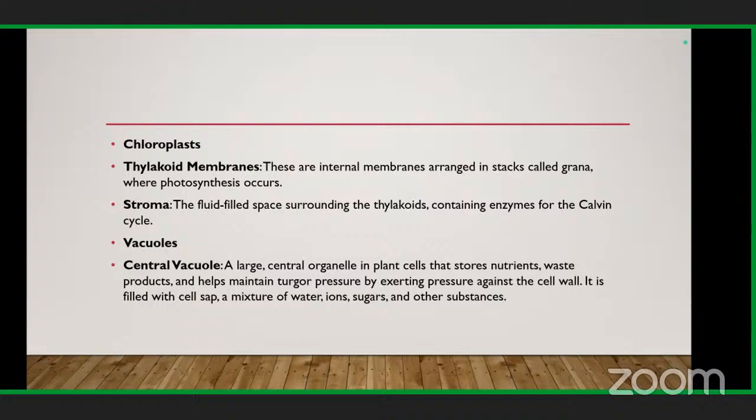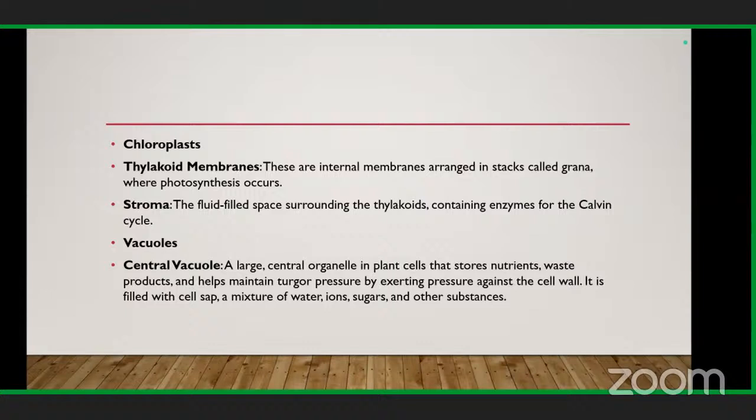The stroma contains all the enzymes for the Calvin cycle and for other metabolic activities. That is the chloroplast. Due to the chloroplast, photosynthesis takes place, as it also contains the main pigment, chlorophyll.